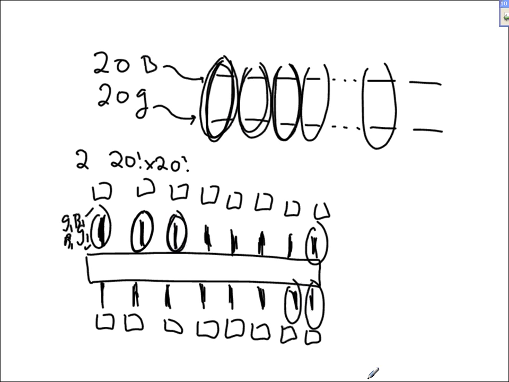There are 20 benches, 20 pairs of kids. There's 2 to the 20 ways of arranging them once you decide what seat number they go in.